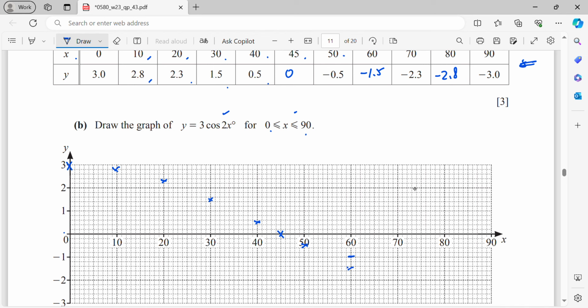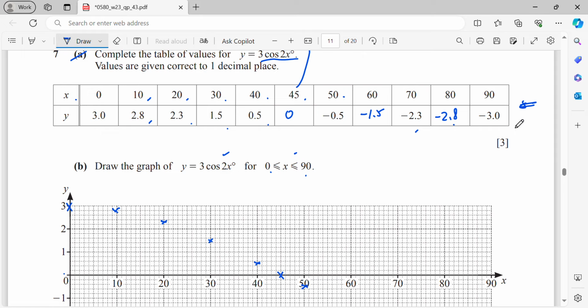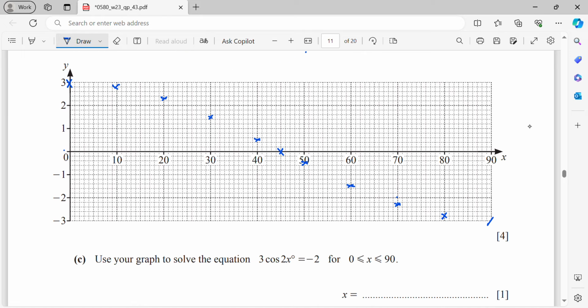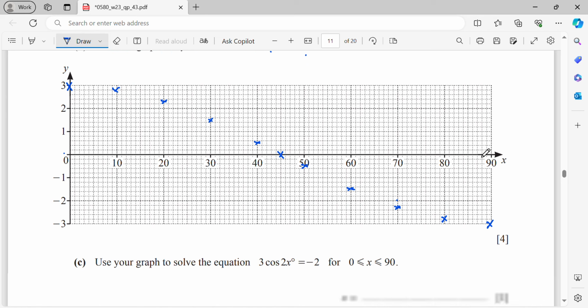Then negative 2.3, and then negative 2.8 for 80 degrees. So 2.8 will be here. Lastly, when 90 degrees, you get negative 3. So now, you have sketched all this. Just join the points. Okay, so this is 3 cos 2x.